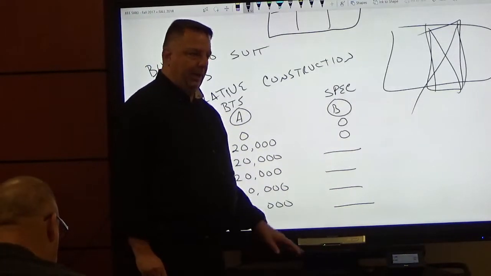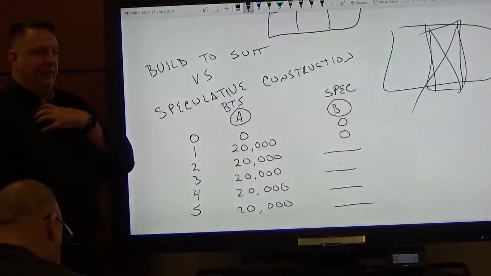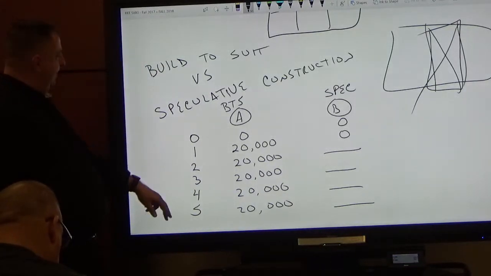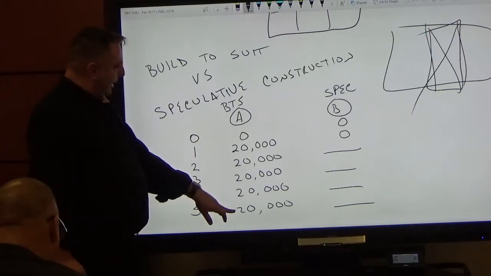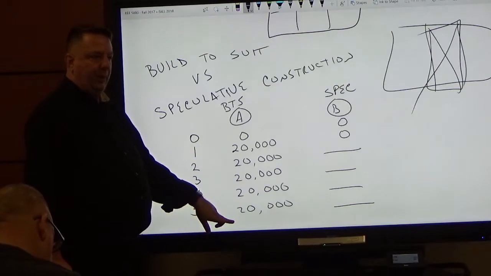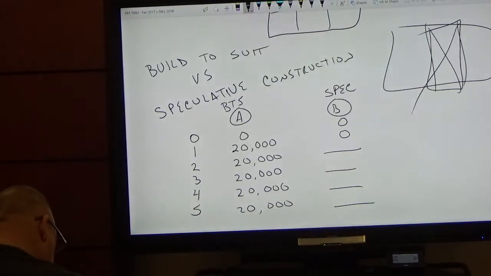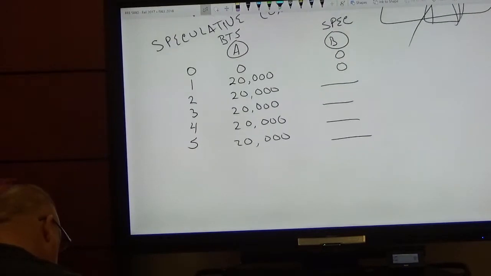So what I'm going to be looking for as the developer of this property is, how much is this present value of lease payments worth to me today, discounted at some sort of predetermined rate? So give me a rate. 6.5%. All right.